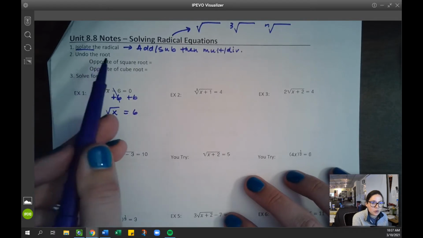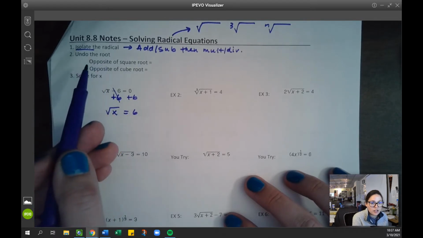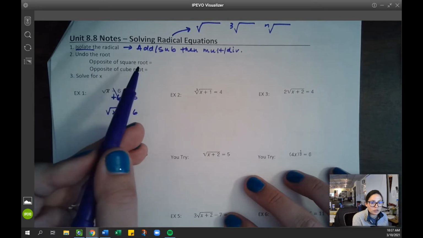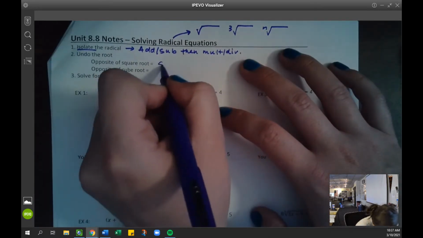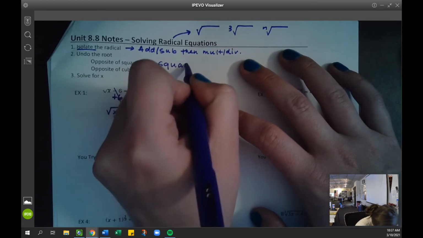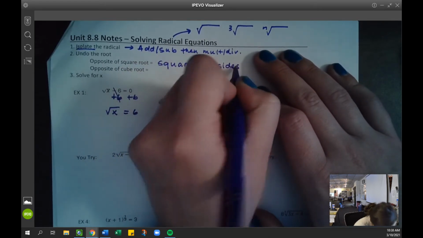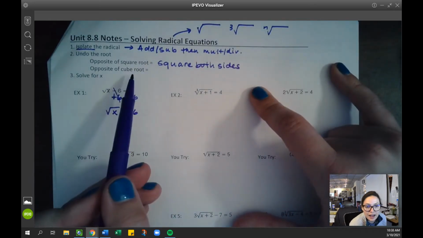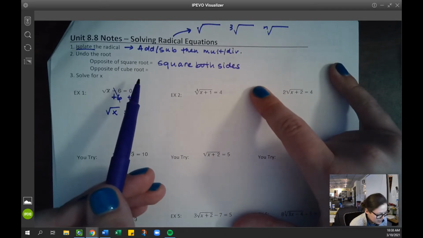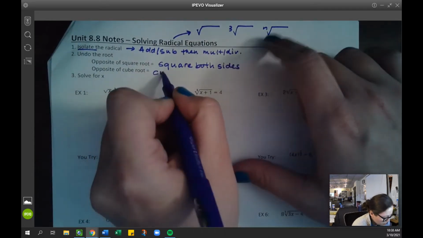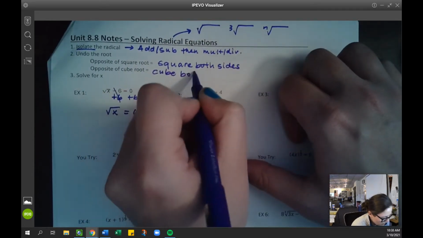Step 2 is to undo the root. The opposite of square rooting something is to square something, so we're going to square both sides. And guess what the opposite of taking the cube root of something is? You guessed it. We're going to cube both sides.